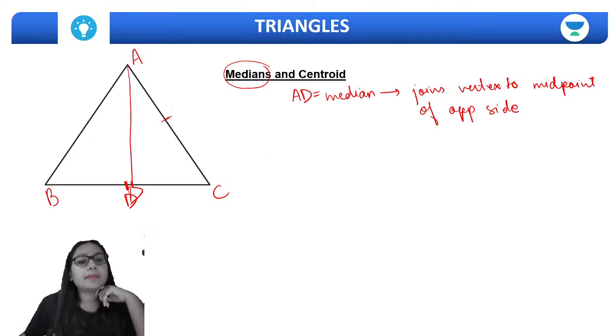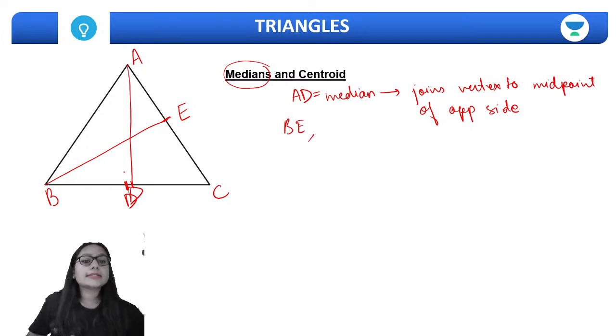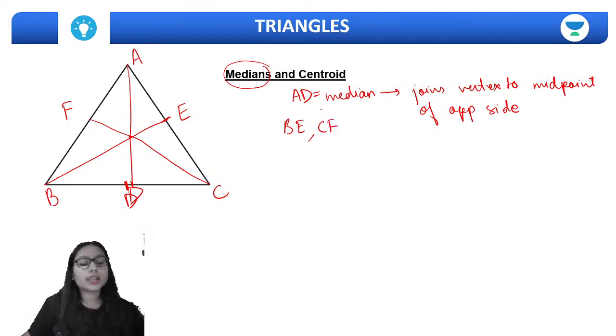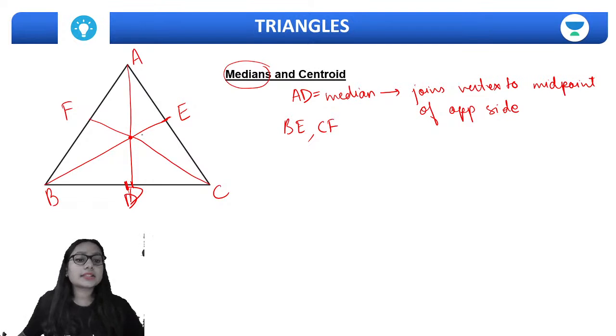Likewise, if I take the midpoint of side AC as E and join B with E, then BE is also a median. Similarly, if I take the midpoint of AB as F and join C with it, CF is also a median. All three medians of a triangle intersect at one common point, and this common point is known as the centroid.